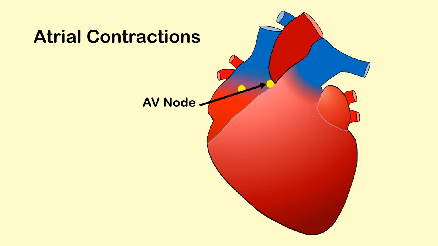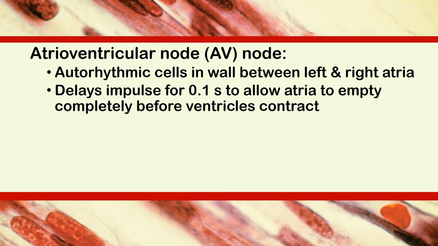Once that atrial contraction is complete, you then move into the next phase, where you have the activation of the atrioventricular node. The atrioventricular node is going to be a group of cells that, instead of being lousy at maintaining a resting potential, they're just simply lousy at passing along that action potential. As a result, this will delay the impulse of the electrical signal for about 1/10 of a second.